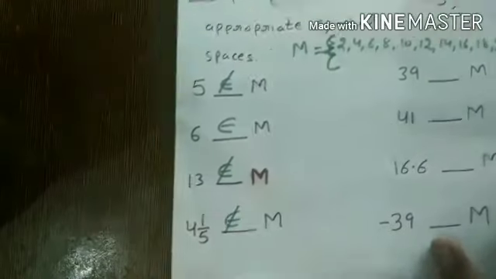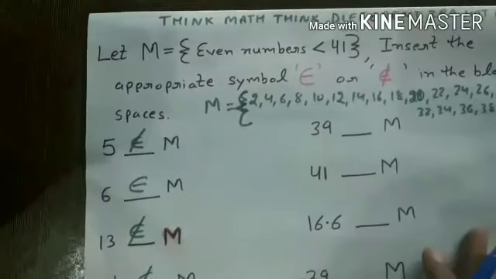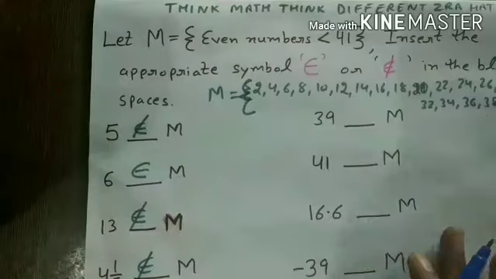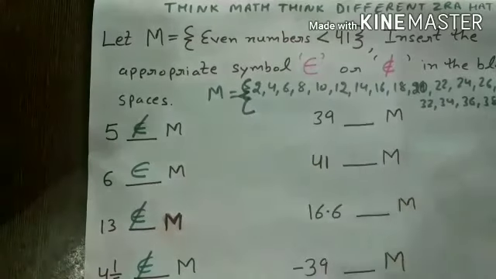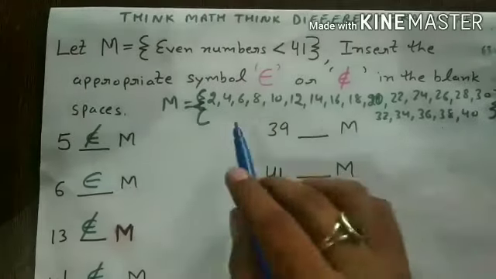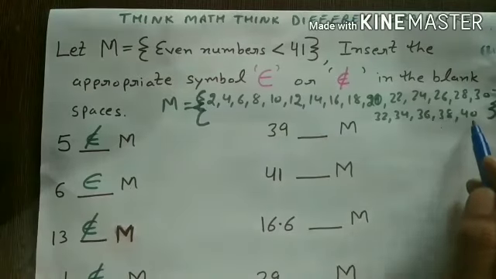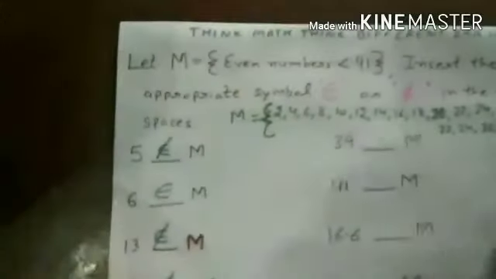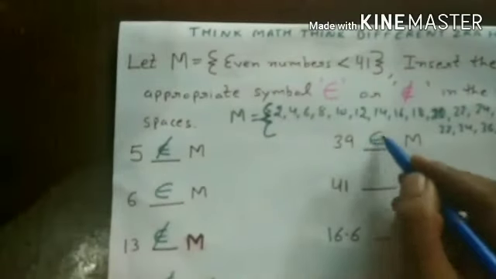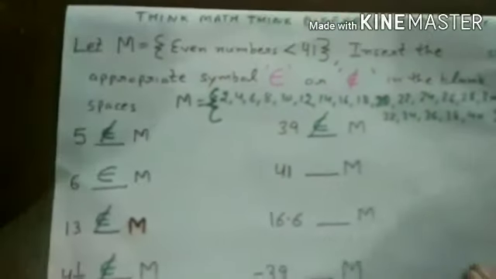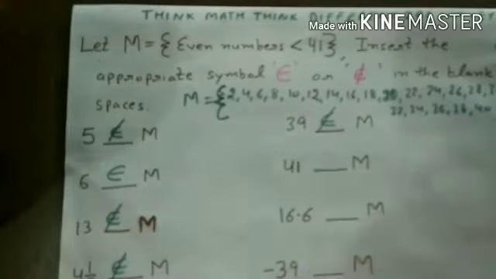Student, now we are on the next part, 39. You can see 39 is an odd number, so this is not a member of the set M. You will not find 39 in this set. After 38 there is 40, so 39 is not a member, so you will write does not belong to. Now 41.